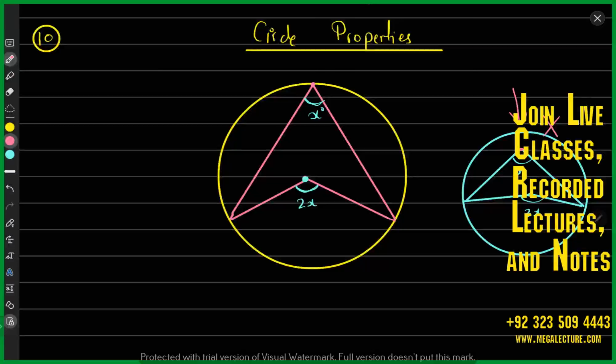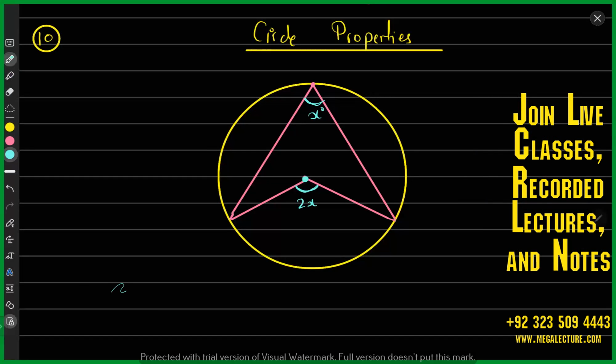Okay, so you need to be sure that whatever conditions we have in that very theorem, you need to have those in the question first. Only then can you relate to that theorem. Okay, let me write it down as well.